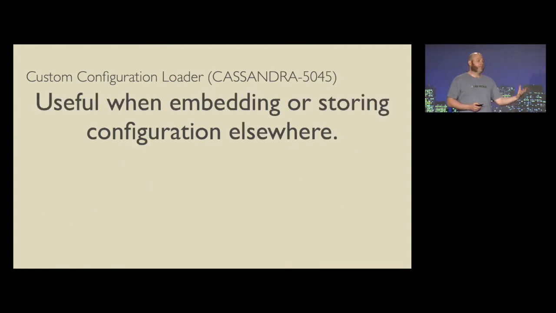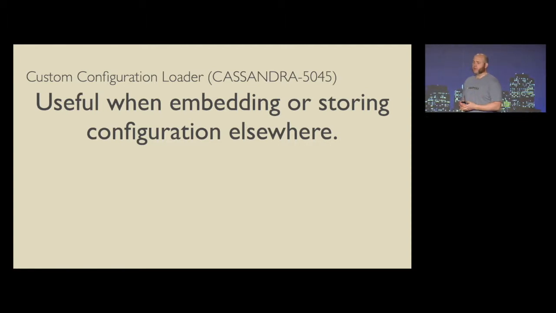So you can get into there and override the configuration. That can be useful if you're embedding Cassandra inside your test environment, or you're just embedding it in a service, and now you can control that config programmatically. It's also useful if you want to put the config somewhere else.